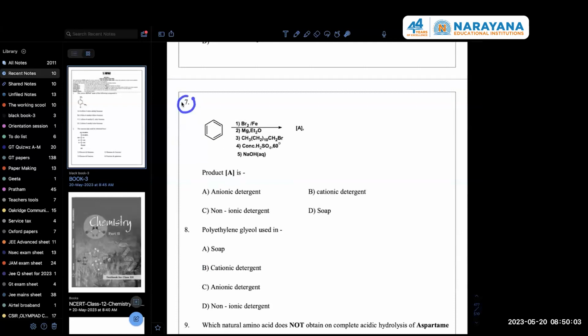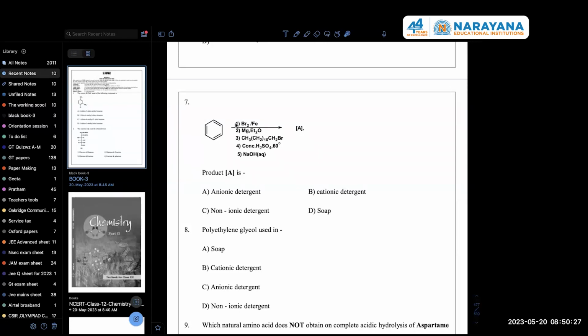Seventh one. Again, I have to create one equation only. Go for this question. Benzene ring. B option.